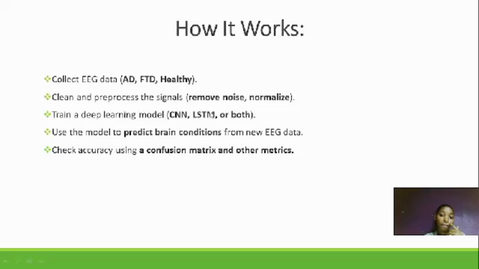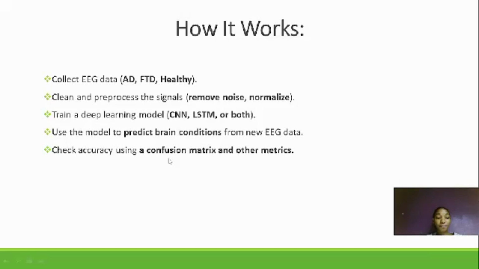Then you use the model to predict the brain conditions from the new data, and then you check accuracy using the confusion matrix and other metrics. As I showed you before, the methods that we use for calculating the accuracy, the precision, the F1 score, use all of those to calculate the results from the model.